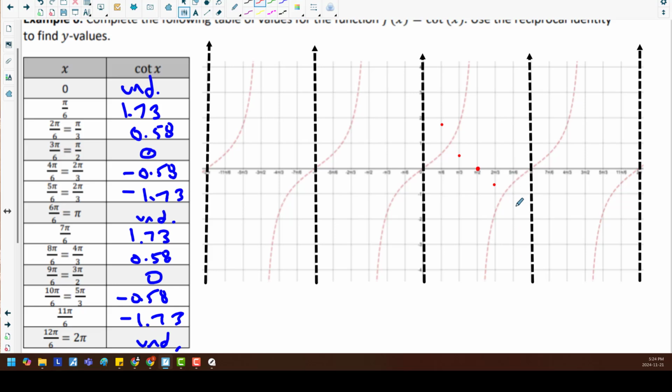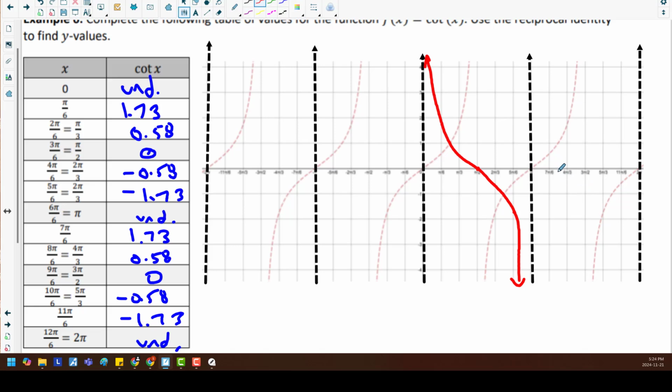And we have negative 1.73, so that's like there. If you haven't figured it out, it looks like that, kind of going in the opposite direction, if you can imagine that.